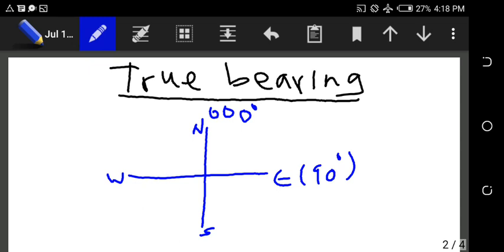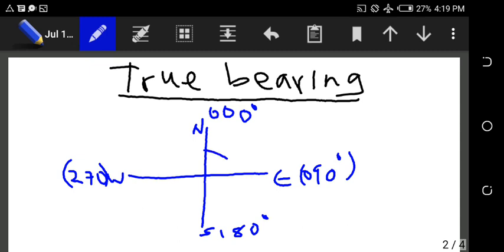Due south, what you have there is 180 degrees, and somewhere due west, that is, you have 270. All these are taking a reference from the north. So when you move from the north down to this point, you have moved 90 degrees.